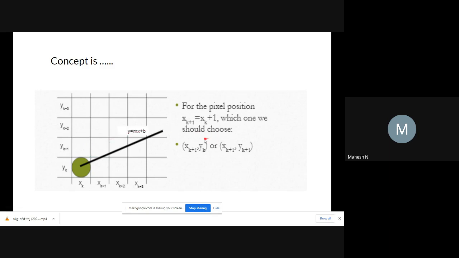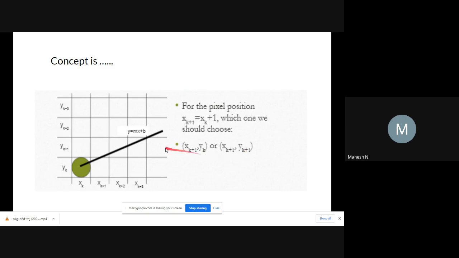So what is my confusion? After xk, yk, whether to go for xk plus 1, yk, or xk plus 1, yk plus 1.